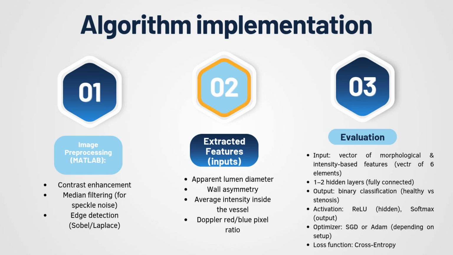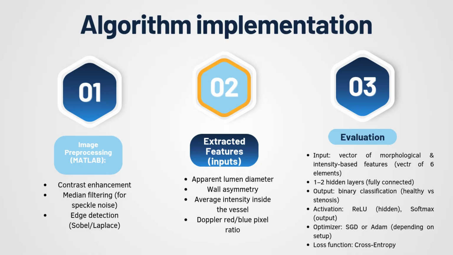We then define the target vector using the clinical labels. Images labeled as stenosis are converted to 1 and healthy to 0. The extracted features become the input X and the labels the output T, forming the complete dataset for training.